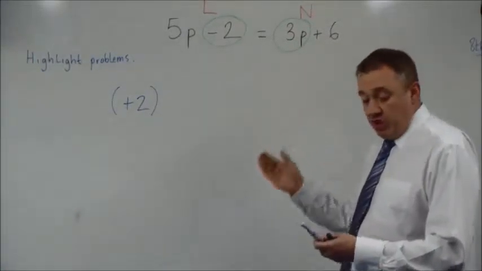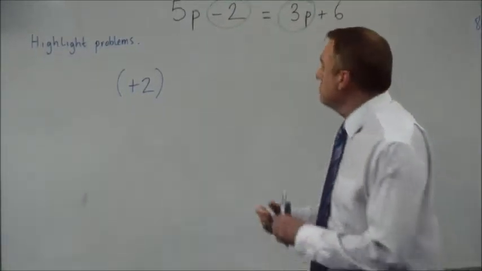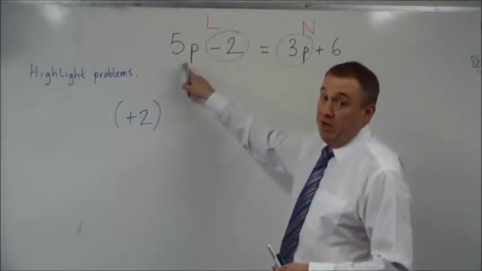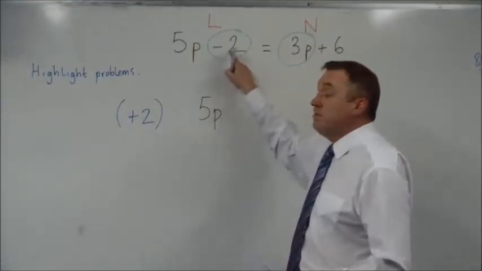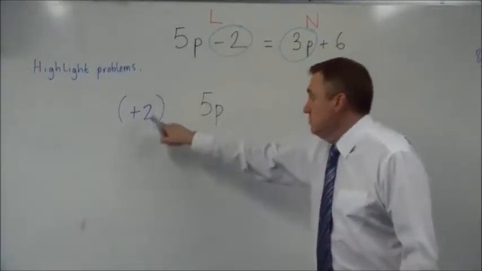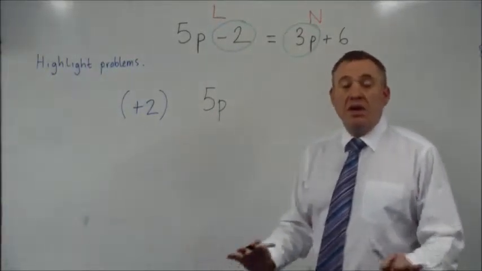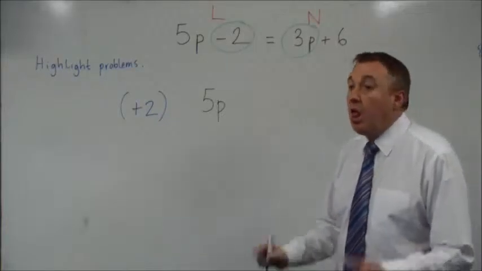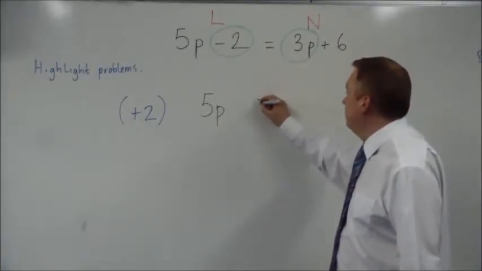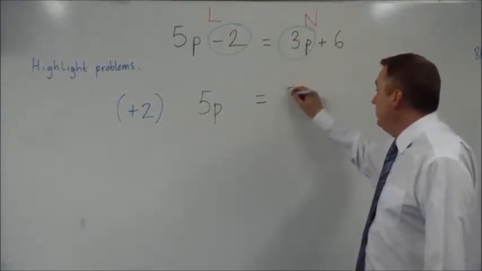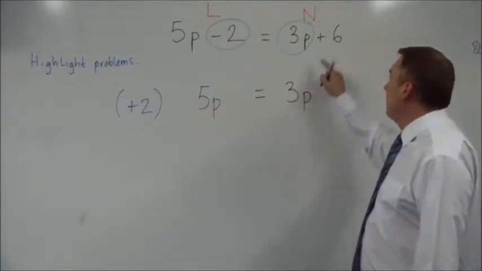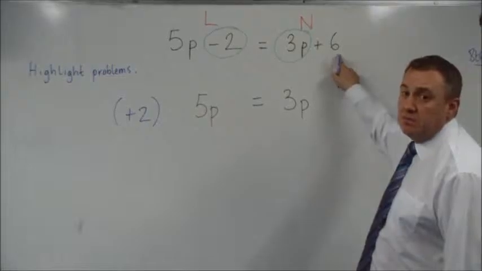So let's go through the equation now. I've still got my 5p on the left hand side. I had a minus 2, now I'm going to add a 2. It cancels that problem out, that's why we did it, is equal to 3p. I had plus 6.